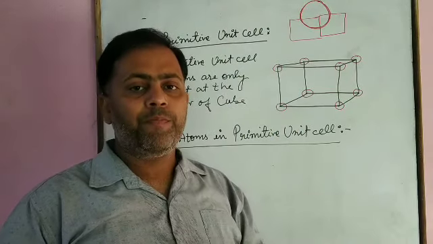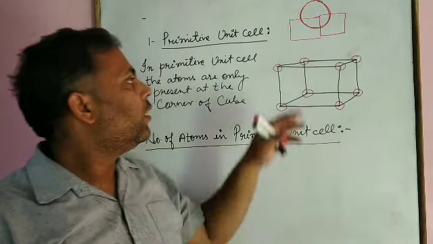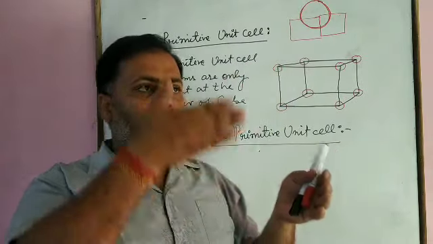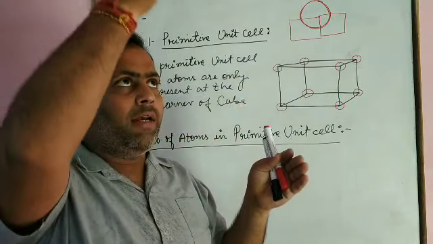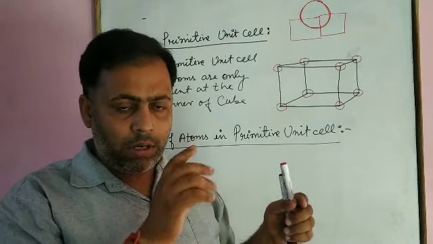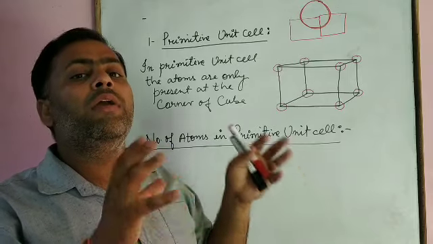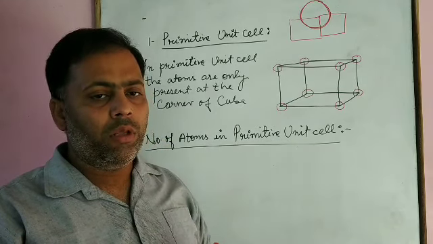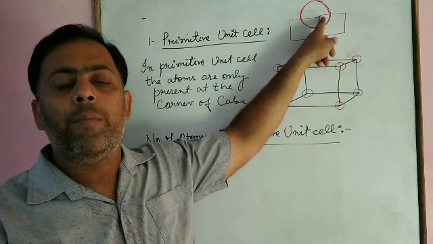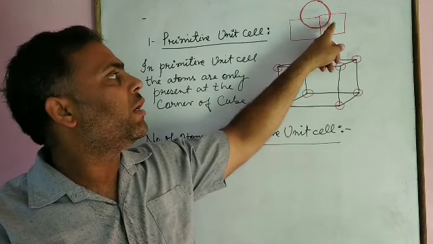What do we see? We see that the atom present at the corner, suppose this one is the sphere. If we cut it from the middle, and the next cut vertical and horizontal, it is divided into 8 equal parts, and each part, 1 by 8 part, is shared by 1 unit cell.